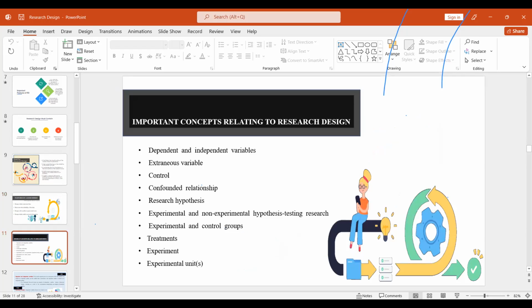The important concepts relating to the research design. First is dependent and independent variables. A concept which can take on different quantitative values is called a variable. Concepts like weight, height, and income are all examples of variables.